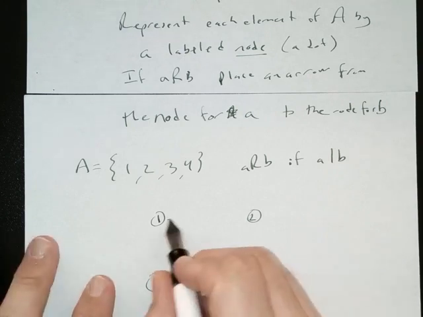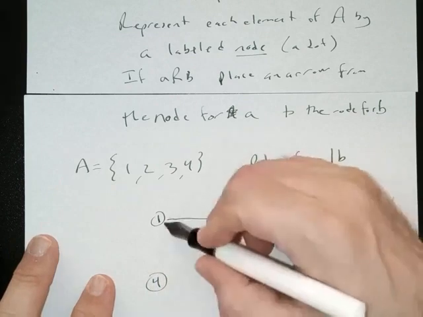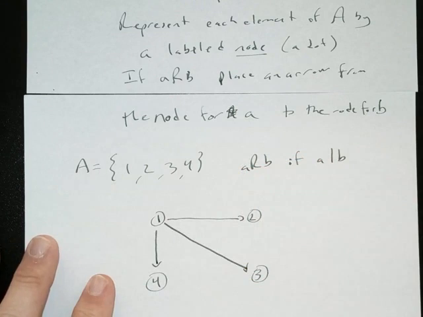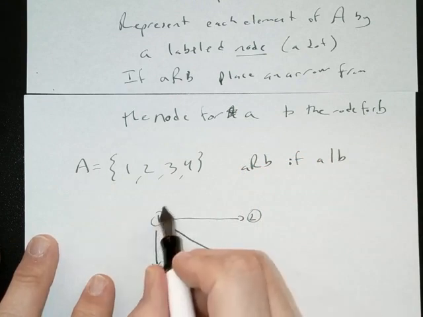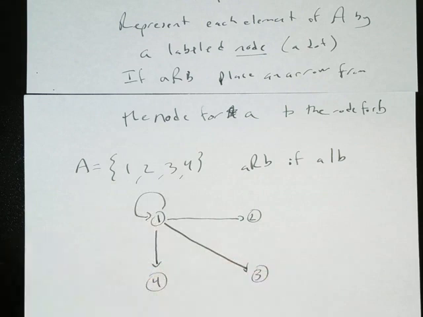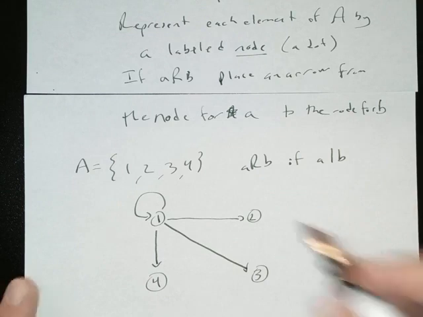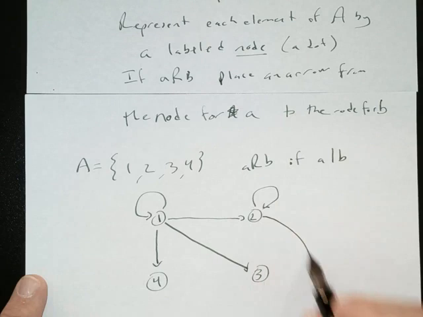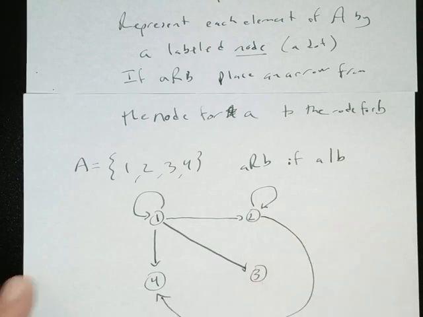Oh, 1 does divide 2. 1 divides 3. 1 divides 4. 1 also divides 1, right? I have an arrow from 1 to 1. How about 2? What does 2 divide? 2 and 4. So there needs to be an arrow from 2 to 2, and there needs to be an arrow from 2 to 4.